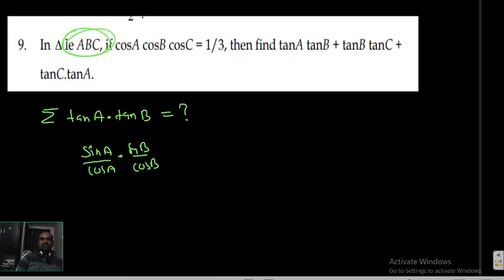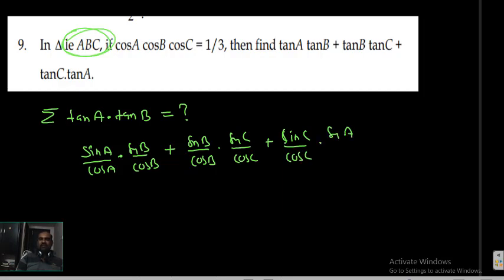Plus what will we get after that? Sin B by cos B into sin C by cos C, plus sin C by cos C into sin A by cos A.